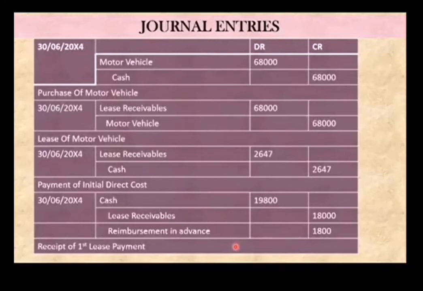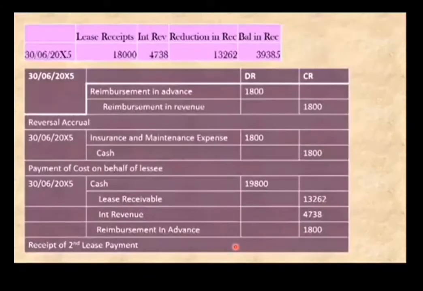To explain or to help you understand more, we have to move to the second, or 20X5's explanation here. If you can see here, we have reimbursement in advance. We debited this. This is actually a reversal of accrual payment.